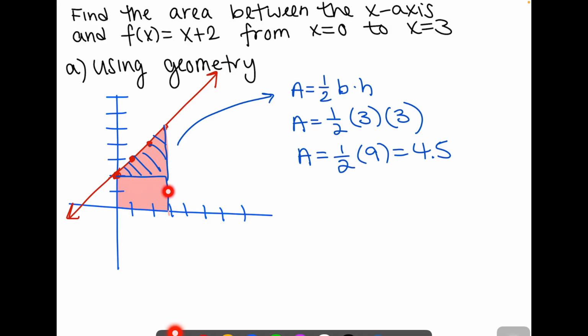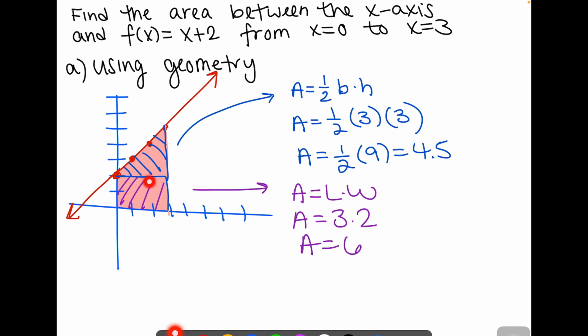And when x is 3, if I plug that in here, 3 plus 2 is 5. So this would be the point 3, 5. So from y equals 2 to y equals 5, we've gone up 3 units. So base is 3, height is 3, 1/2 times 9 is 9/2, or 4.5.